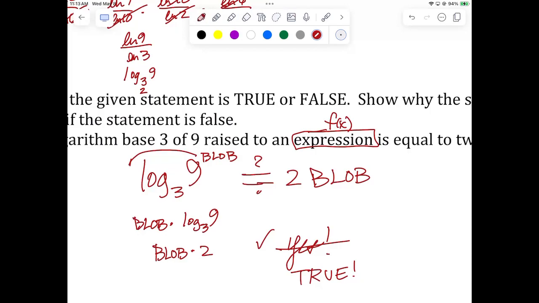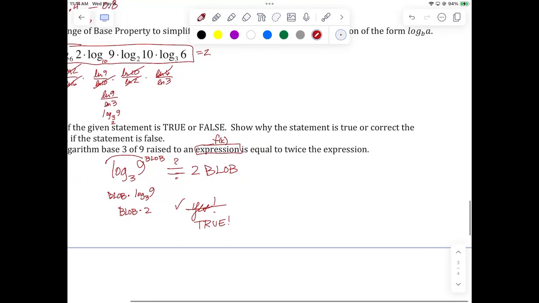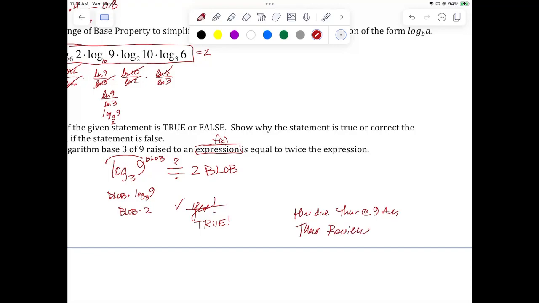We're done with the extra practice. We're done with the notes. Okay, so you have the rest of the period to work on your assignment. And this assignment, the homework is due tomorrow, which is Thursday at 9 a.m. Tomorrow in class we review. And then Friday we quiz. Okay?